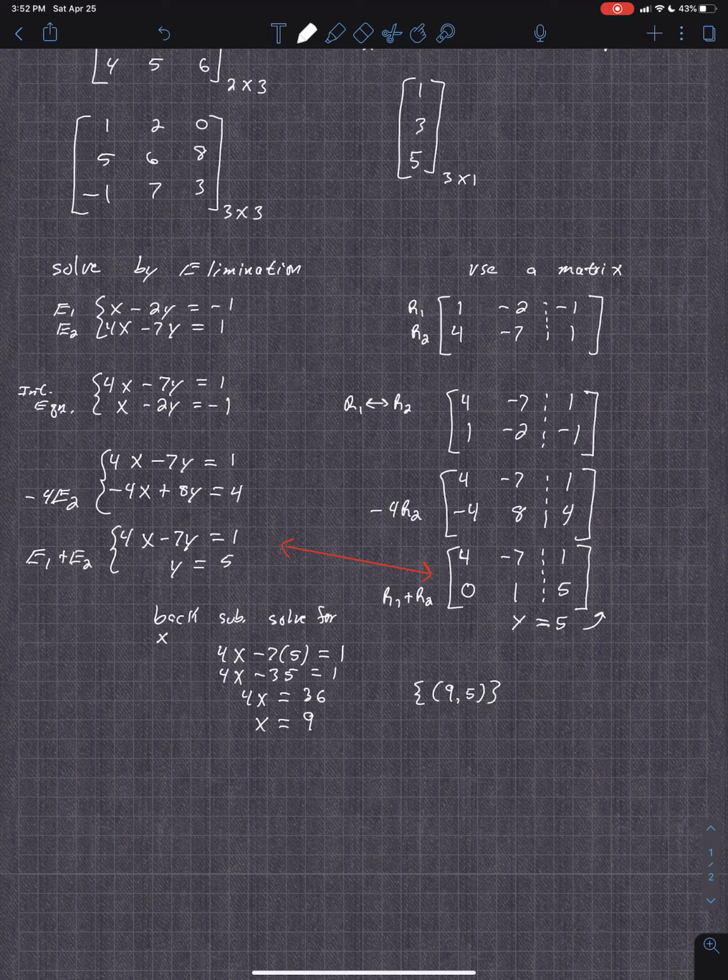Okay, so let's get into what we call the elementary row operations. All of those processes we just did are called elementary row operations.